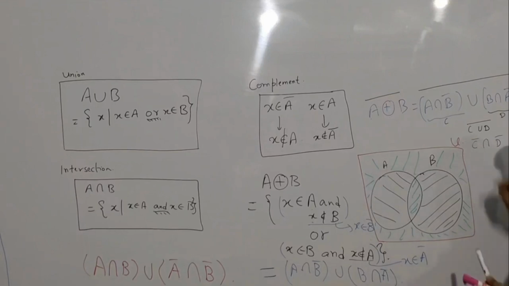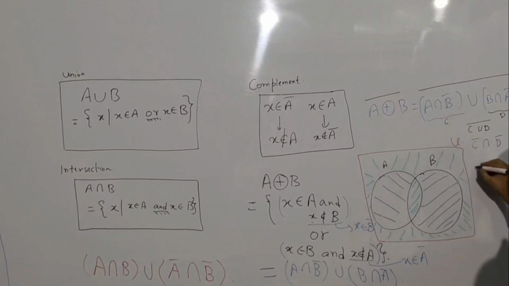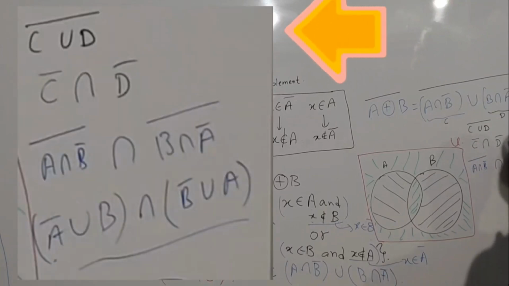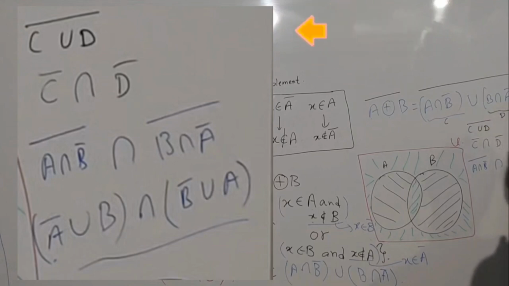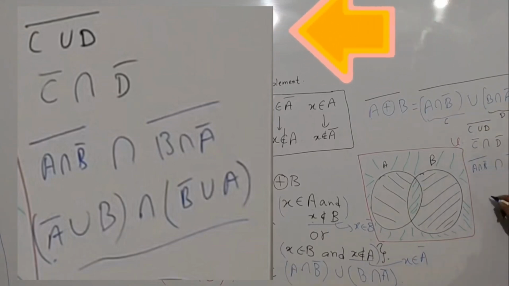Now what is C? C is A intersection B complement. So A intersection B complement intersection D is nothing but B intersection A complement complement. Now perform this.